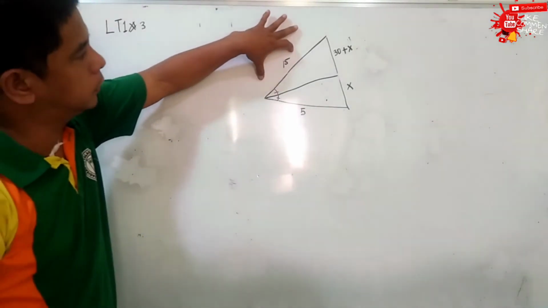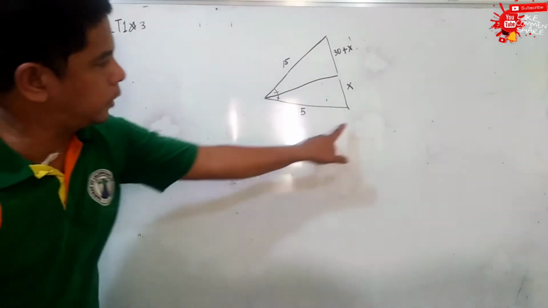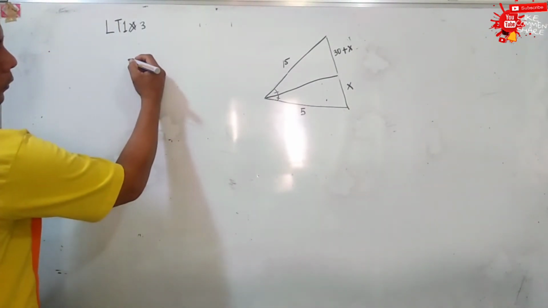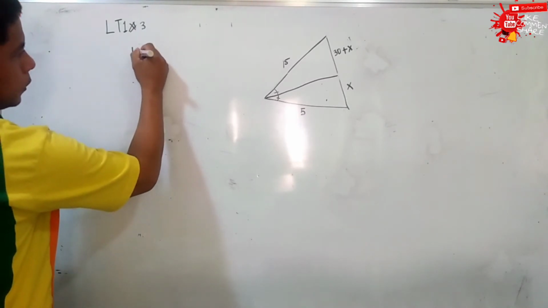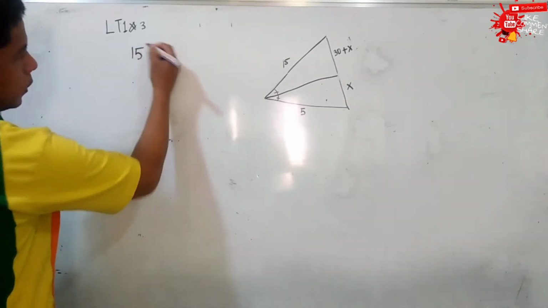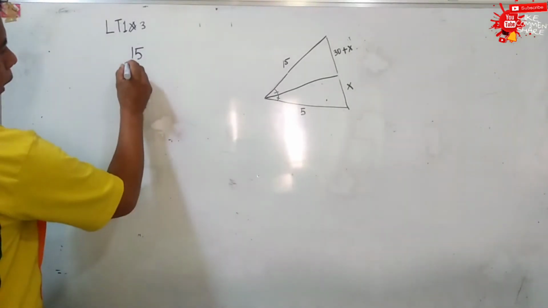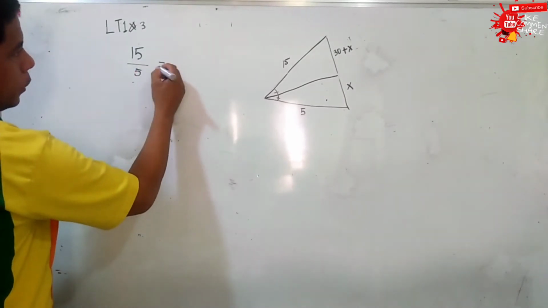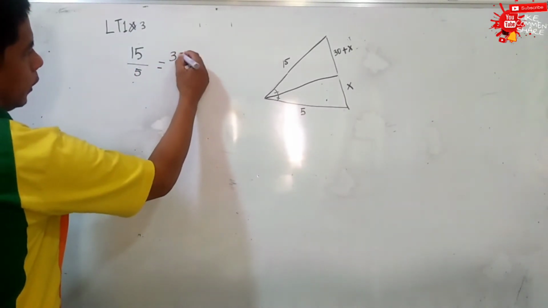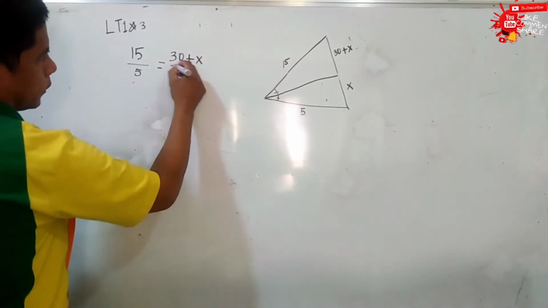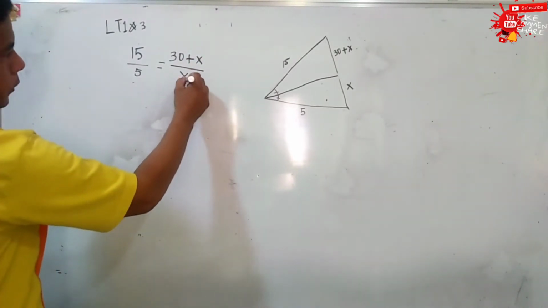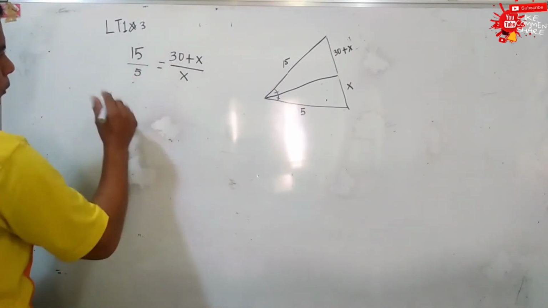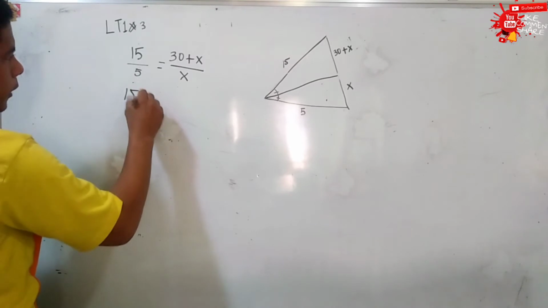Itong side na to, correspond dito sa side na to. Okay? So, we have 15 over 5 equals 30 plus x over x. Okay? So, cross product. So, x times 15, 15x.